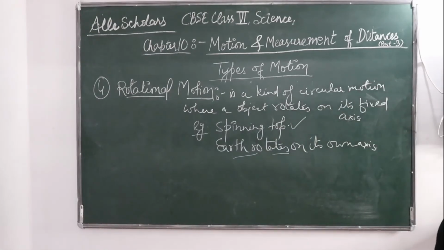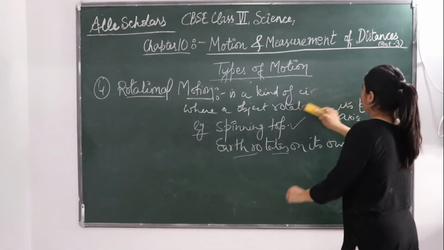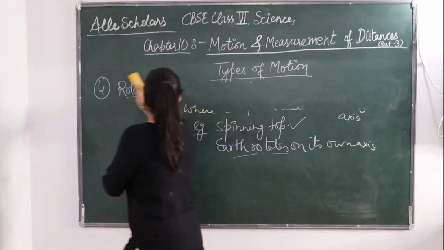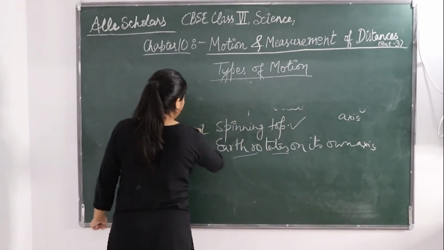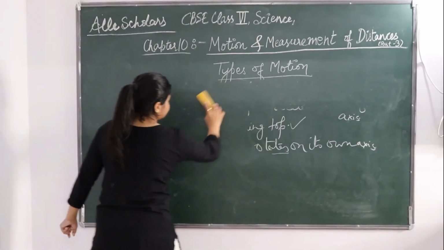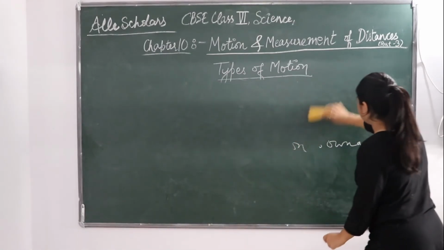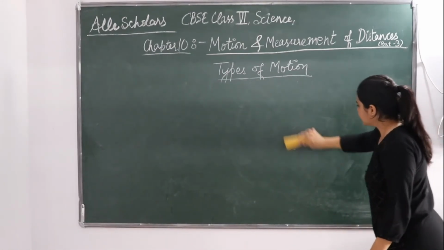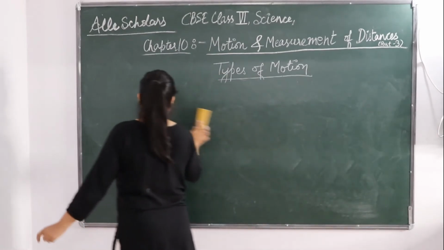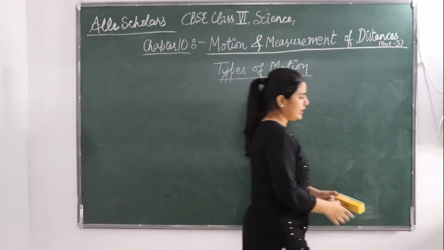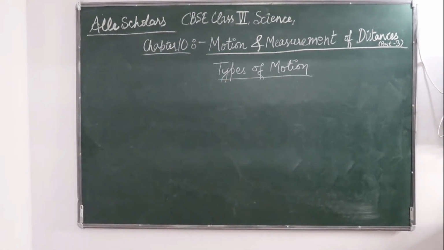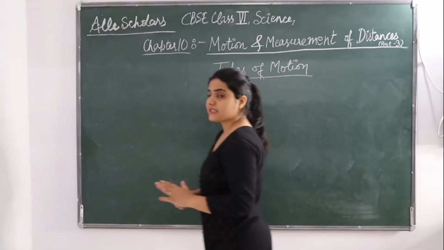Okay, so these were the four types of motion which we have seen. But what happens is that sometimes an object gives more than one kind of motion. Sometimes an object can show more than one type of motion.